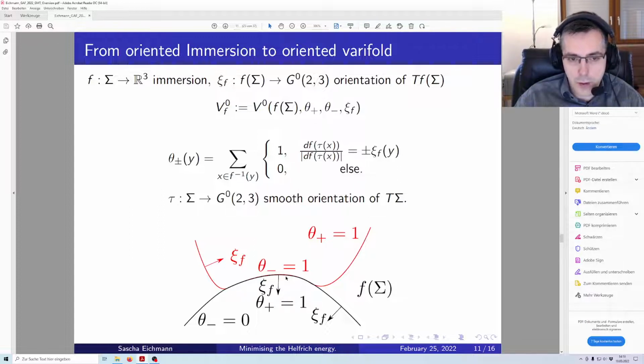But this means that on this intersection, we actually have two orientations. One which is opposite of psi F, coming from this red line, and one which is psi F itself, coming from this black line. So for this red line, we need to have theta minus equal to 1, and for this black line, theta plus equal to 1.